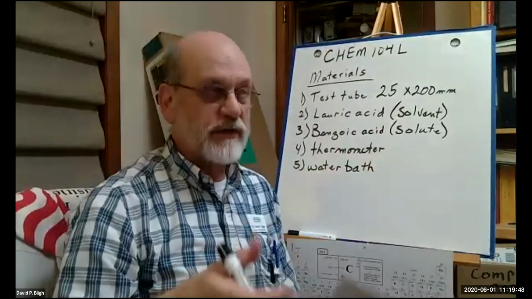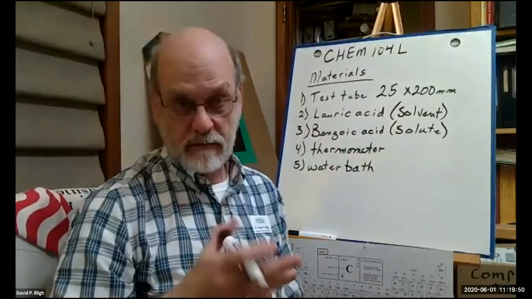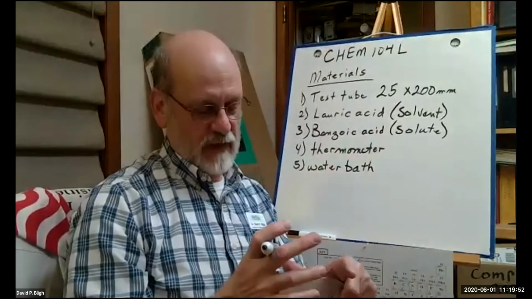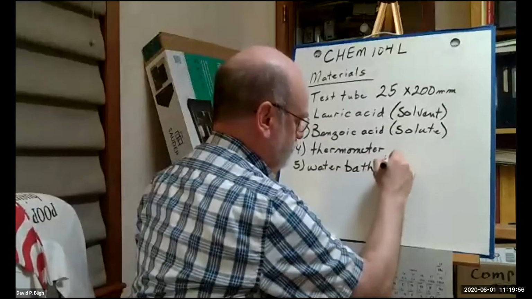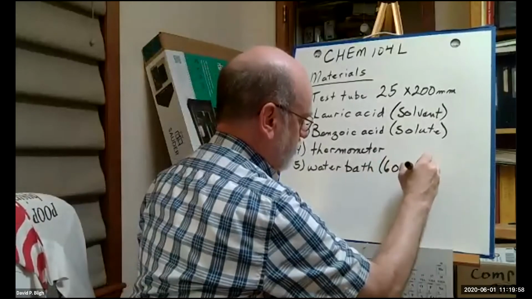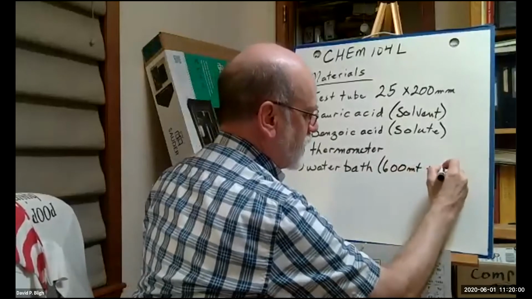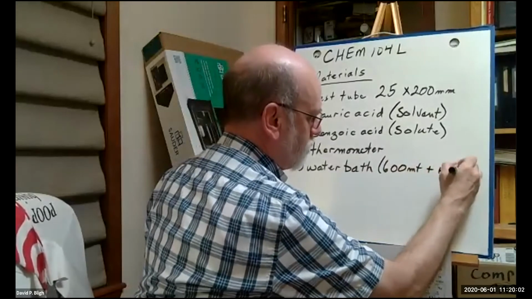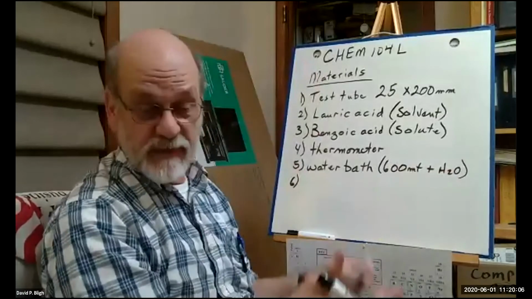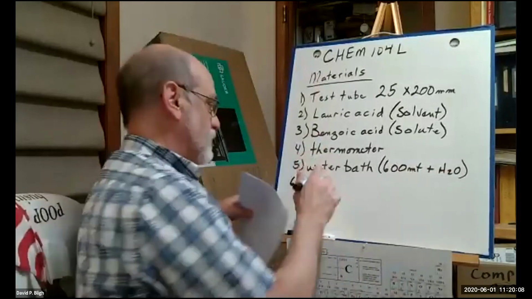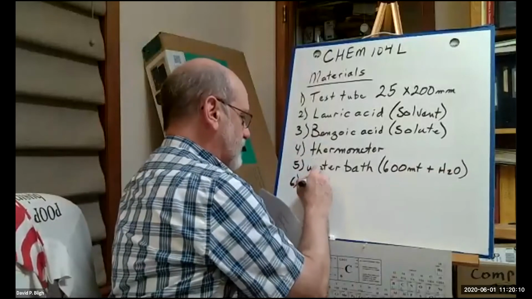Well, we're going to use a 600 milliliter beaker with distilled water in it. Okay. Plus water. Okay. Then we're going to need something to heat that water up, which would be a hot plate.